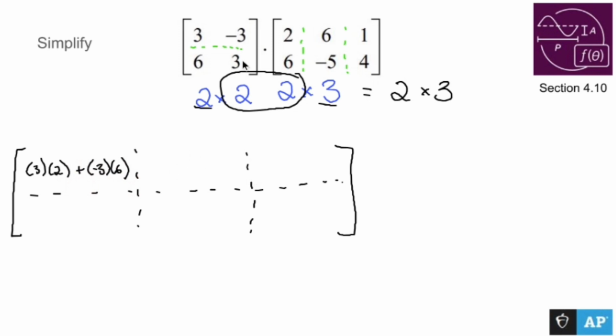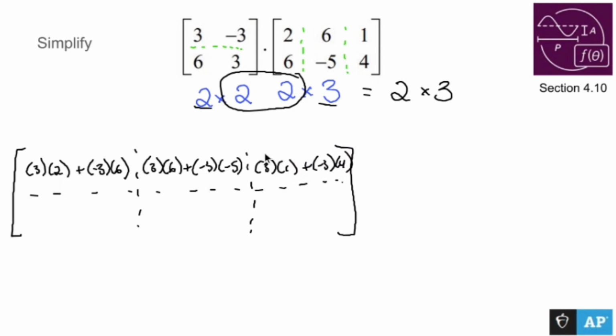First row, second column: 3 times 6 plus negative 3 times negative 5. First row, last column: first element 3 times 1 plus negative 3 times 4.